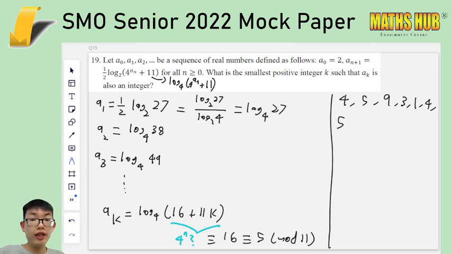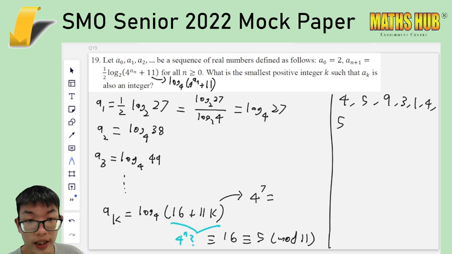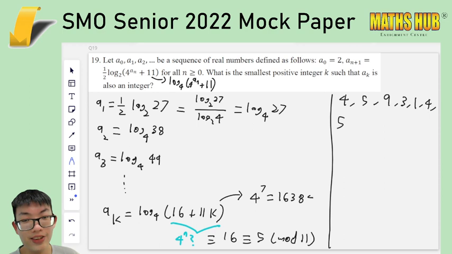So the next one would be 4 to the power of 7, which we would then need to calculate out. 4 to the power of 7, I shall give you the value, it is 16384. And those of you who know powers of 2, this is just 2 to the power of 14, so it may be familiar as a number you've seen before.